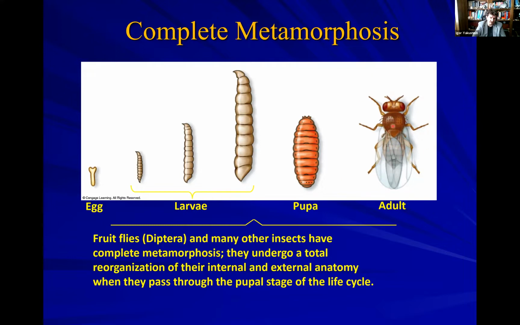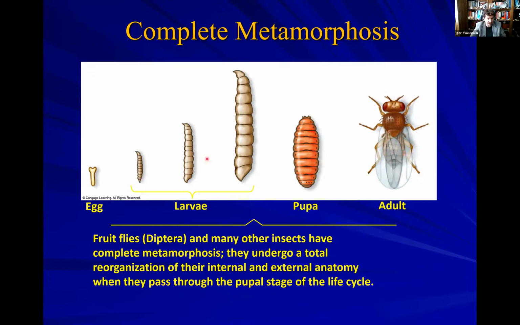In this particular case, that's the fruit fly. But if you think about bees or wasps, the egg will hatch into a worm-looking creature, then it will go into a pupa, and then we'll end up with a wasp or a bee or an ant.